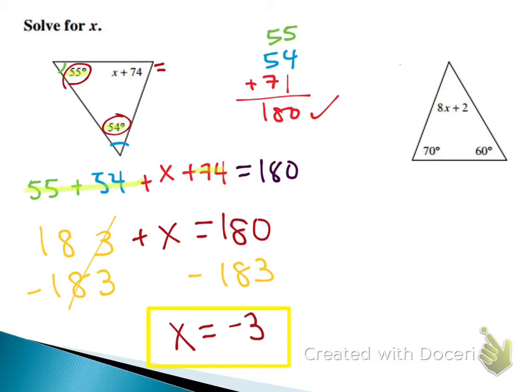So you could add 54 and 55, which makes 109, sorry. And then subtract that from 180. This angle had to equal 71, right? Then you can subtract 74. You'd still get -3. So both options are available. So you're going to try the second, and then we will check it.